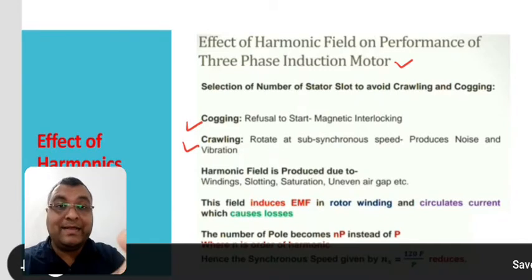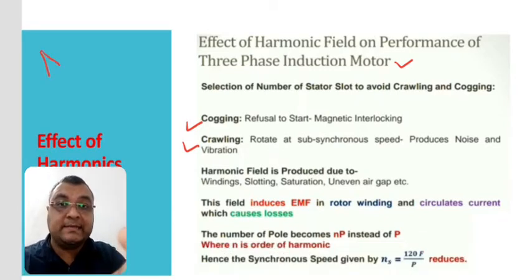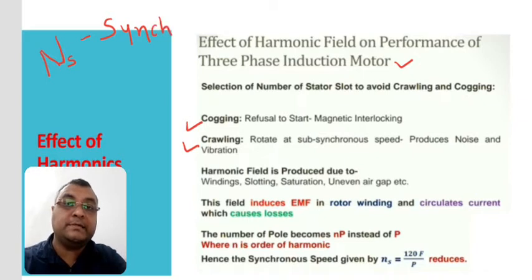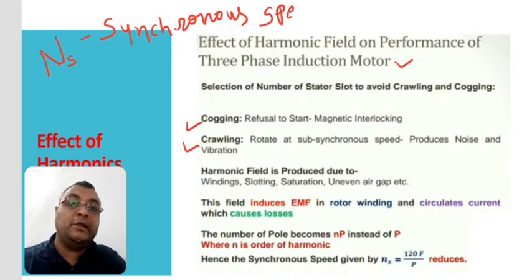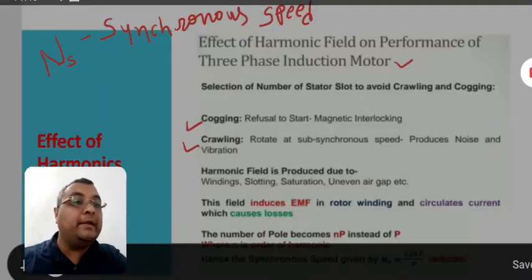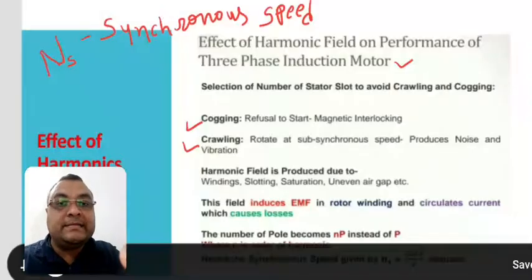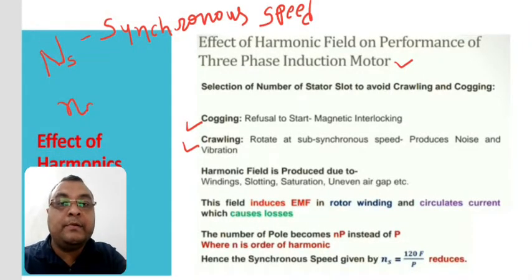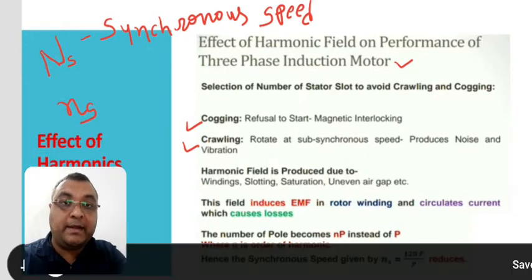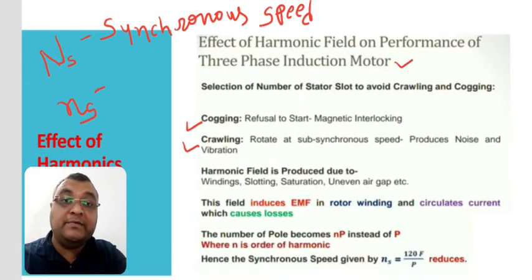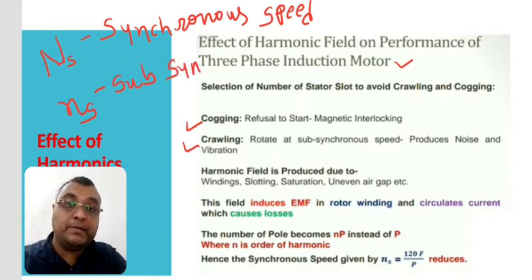One is capital NS, which is the synchronous speed, and the other is small ns, which is the sub-synchronous speed.